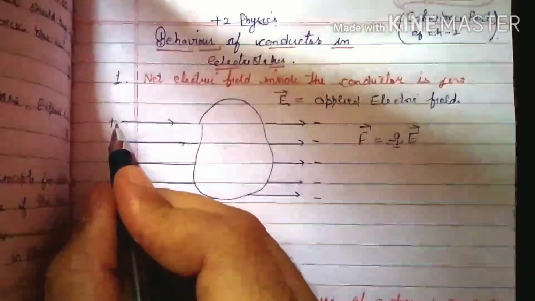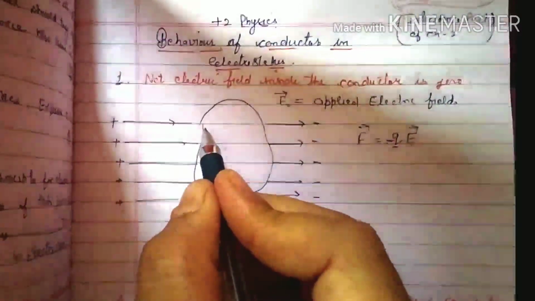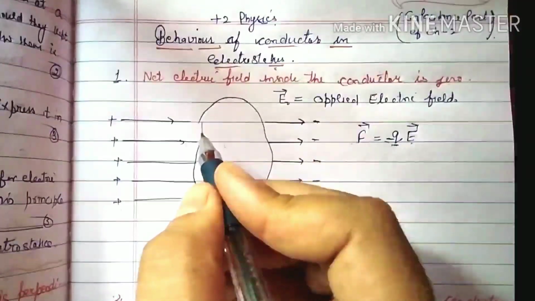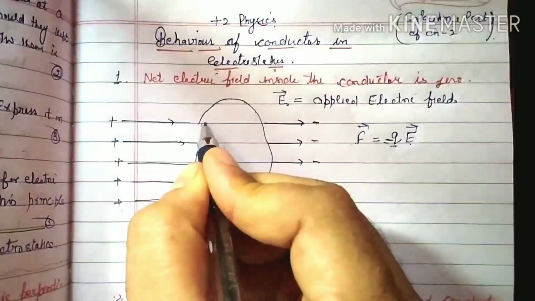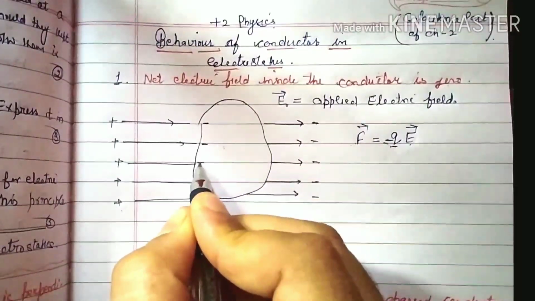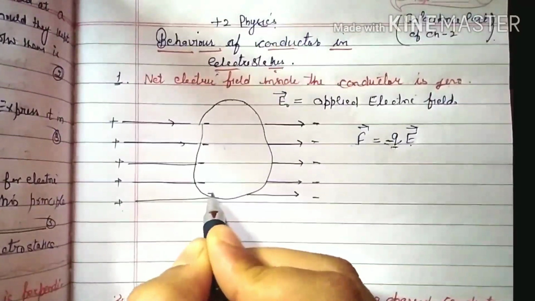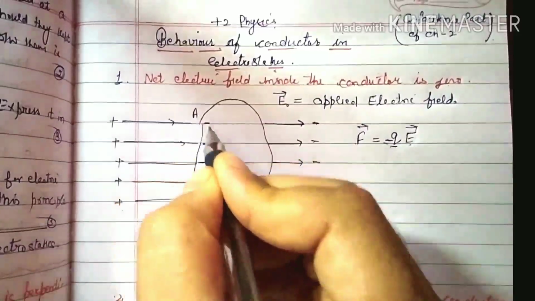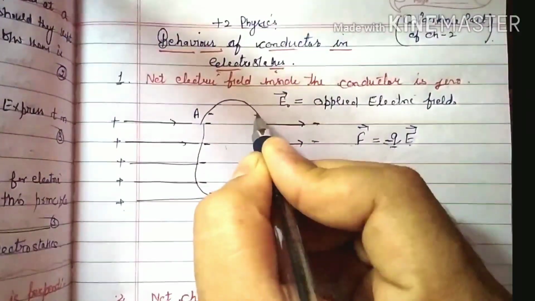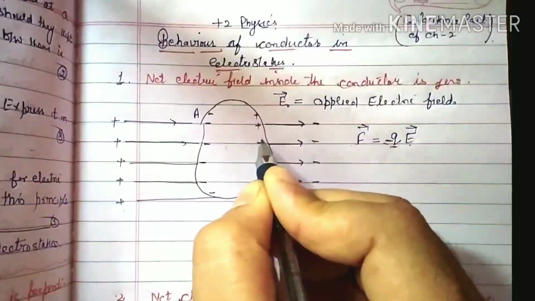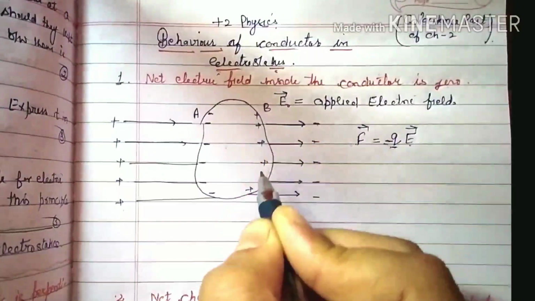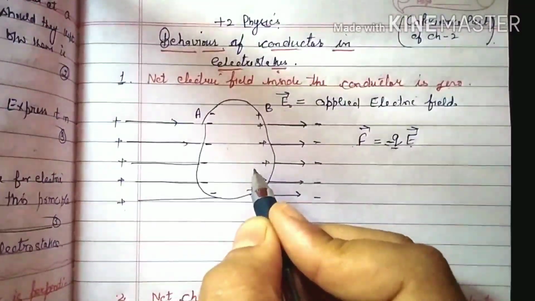Here we have the positive charge, and the electrons accumulate near the positive charge. All the electrons experience the force and get accumulated near one side of the conductor, let it be side A, and the remaining positive charge accumulates near the B end of the conductor.